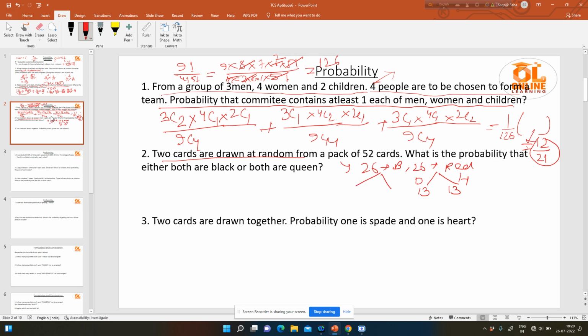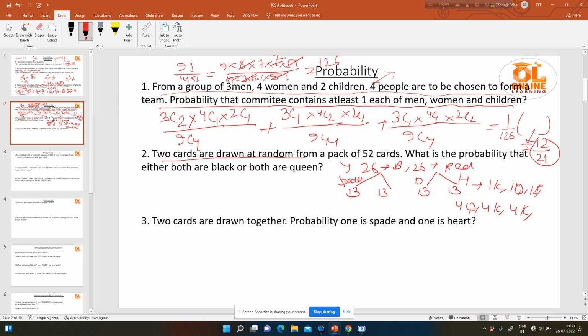In black, we have 13 spades and 13 of another suit whose name I cannot remember at this moment. In every suit we have a king, a queen, a jack, and so on. So in total there are 4 queens, 4 kings, 4 jacks. Okay, now what is the question?